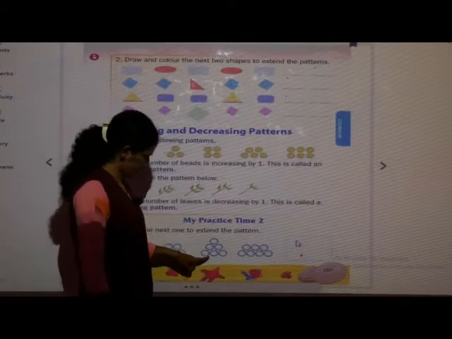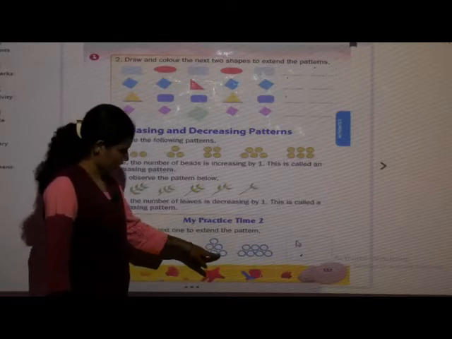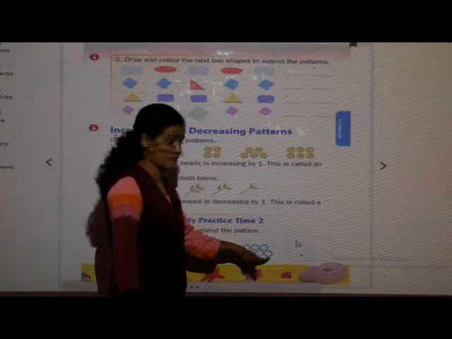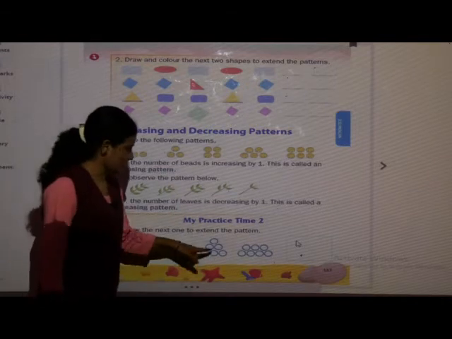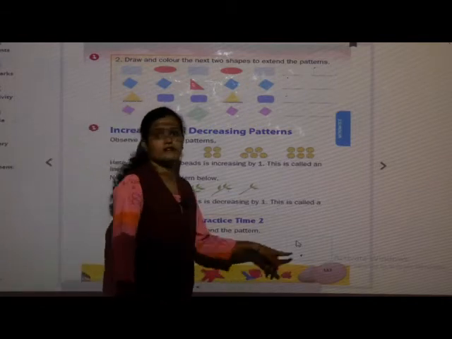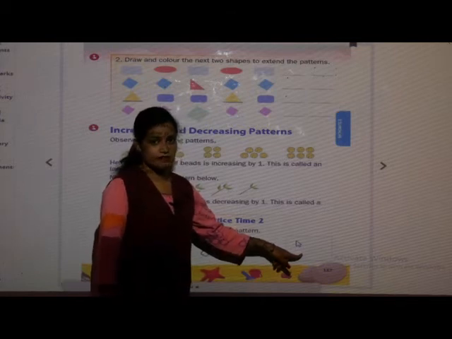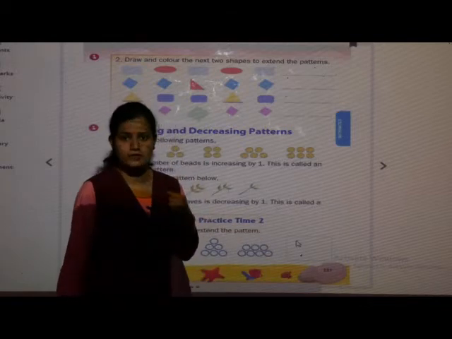Then after 5, 6. And here 7. So here 4, 5, 6, 7. What comes after 7? If in 7 you increase 1, what comes?